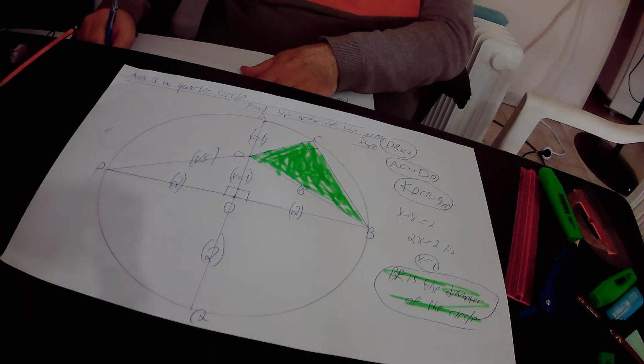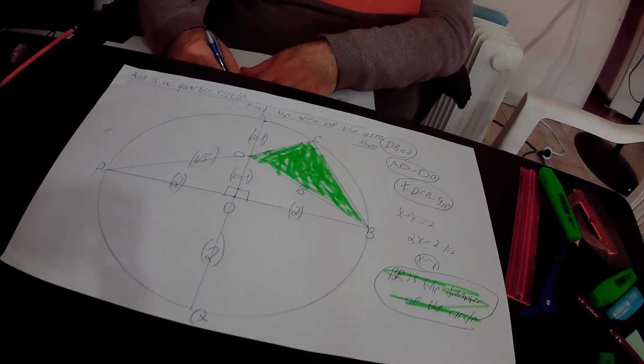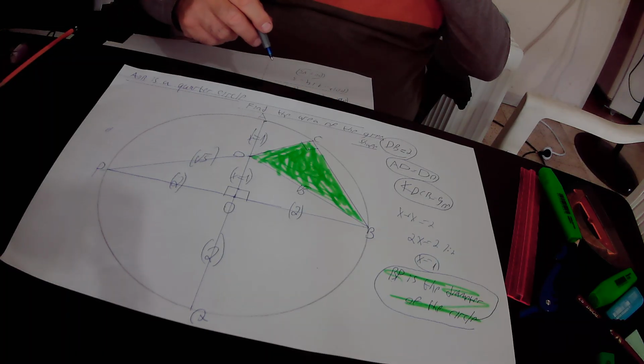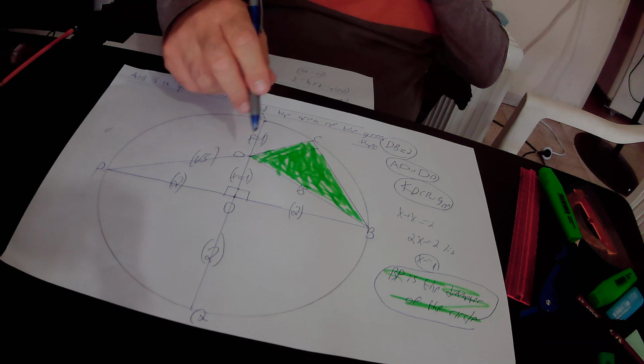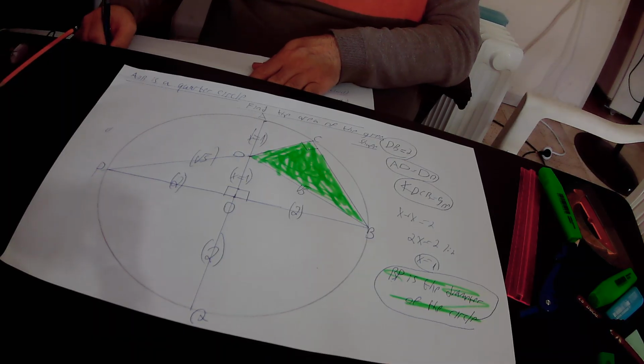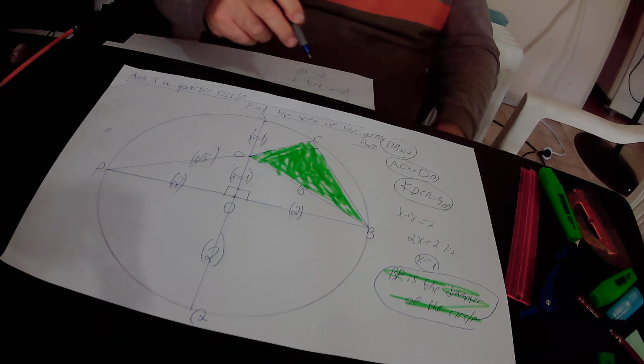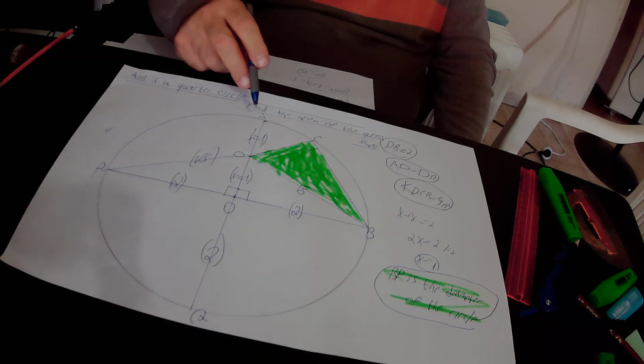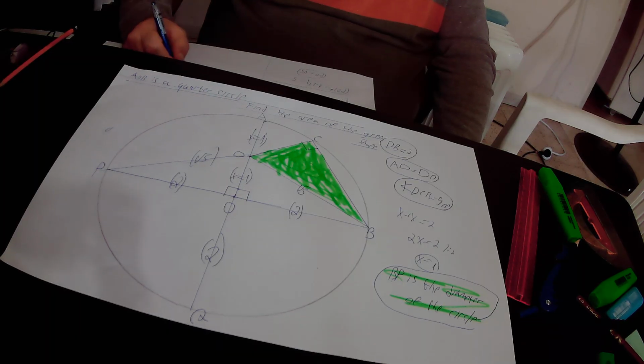Therefore, according to rule 11, the following equation will be true, that AD times DQ must be equal to CD times DP.